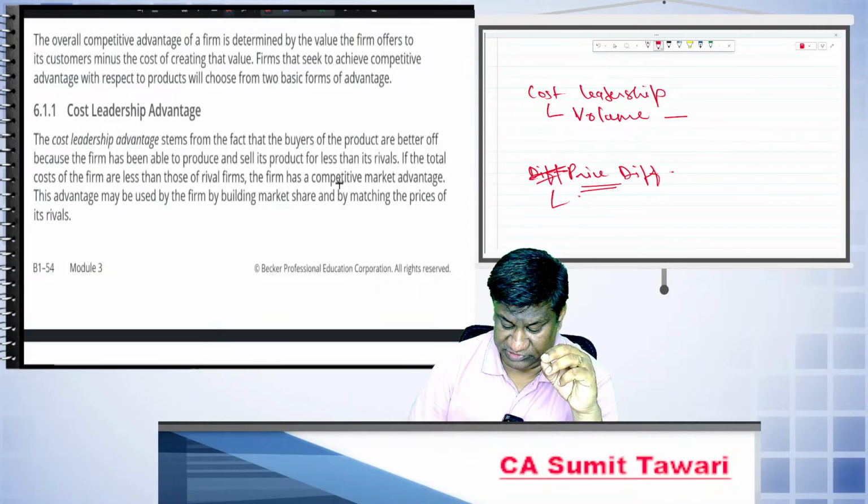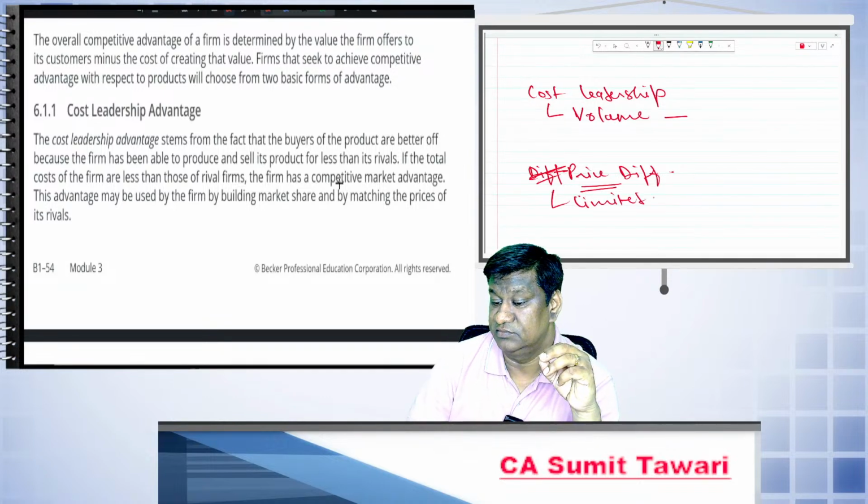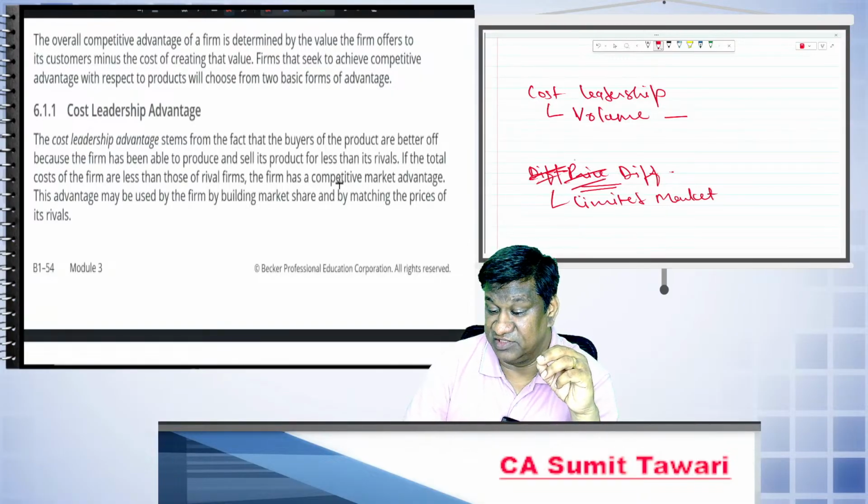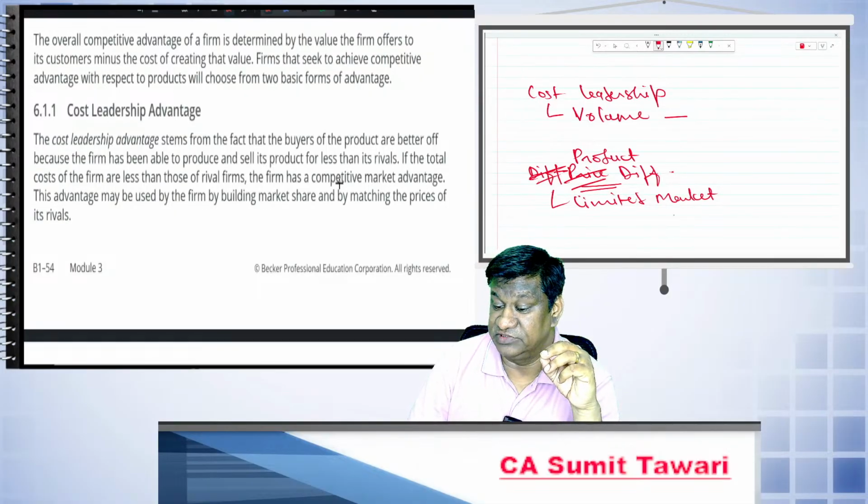Price differentiation you can offer where there is a limited market. Not price differentiation, it is product differentiation, sorry. Product differentiation when there is a limited market, and it is basically how I can sell the luxury product.